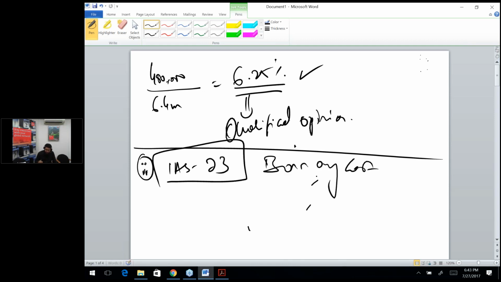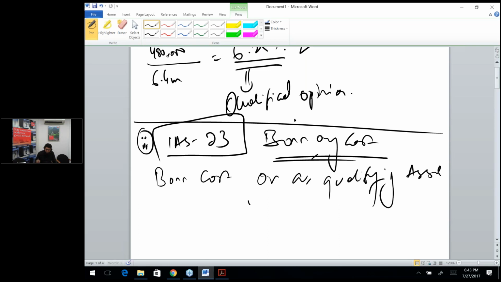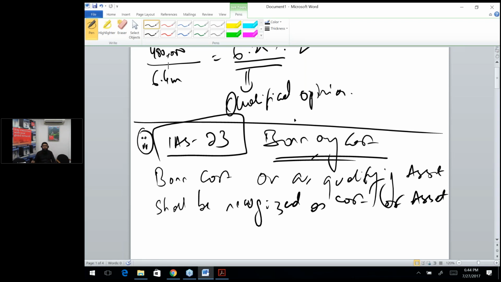So what does IAS 23 say? It says that borrowing cost on a qualifying asset shall be recognized as cost of the asset.